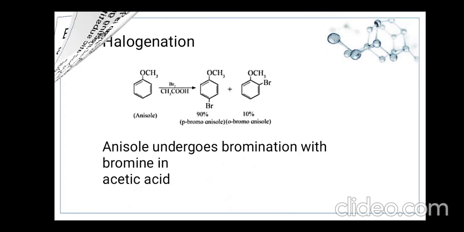Now the next topic is halogenation. Anisole, that is methoxybenzene, undergoes bromination with bromine in acetic acid. Now here students, the reaction takes place even in the absence of FeBr3, that is ferric bromide, which acts as a catalyst, due to activation of the benzene ring by the methoxy group.